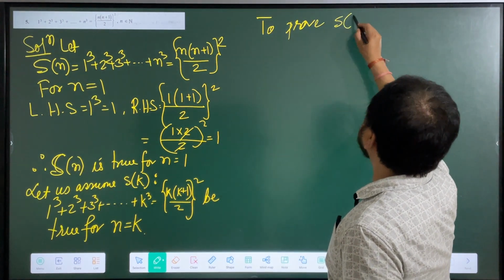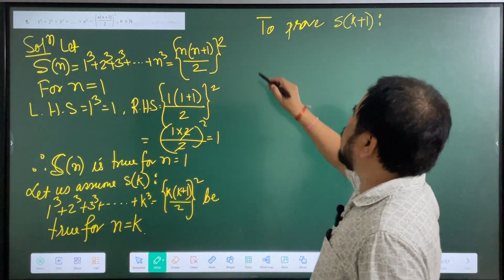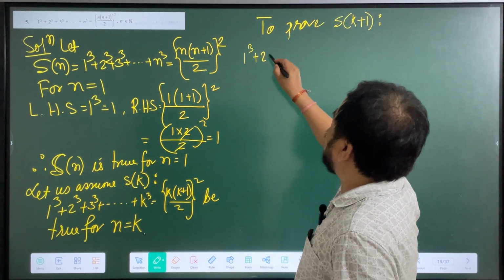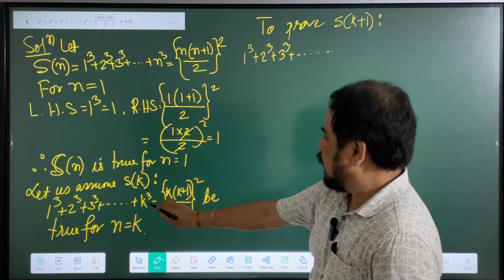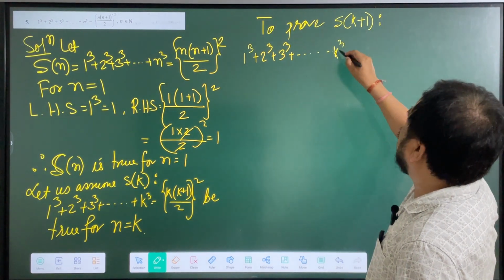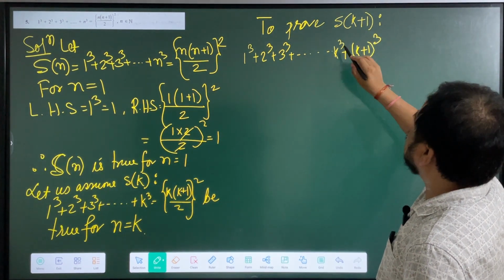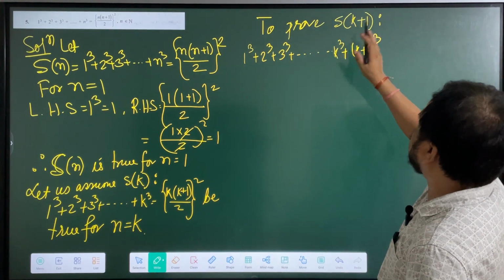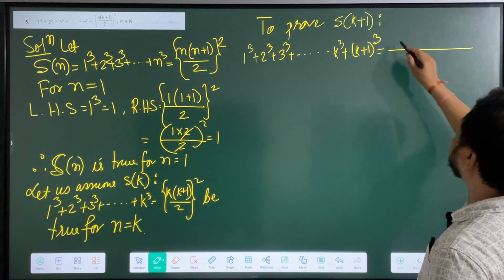Now to prove S k plus 1. 1 cube plus 2 cube plus 3 cube plus k cube plus k plus 1 whole cube. Till k cube, okay. Next k plus 1, so next term. I hope you understand that. Already I explained many times.